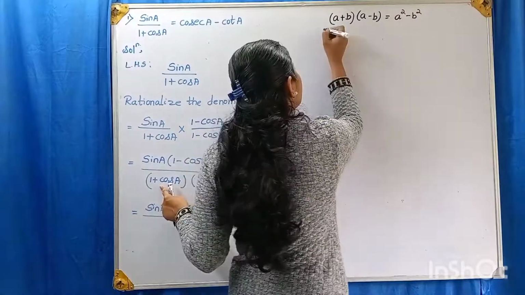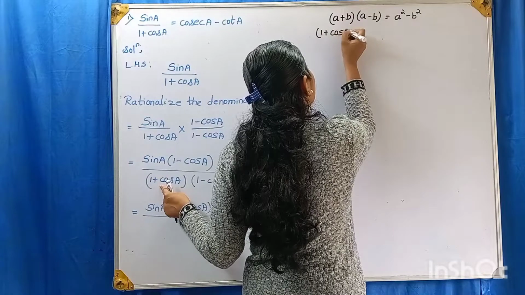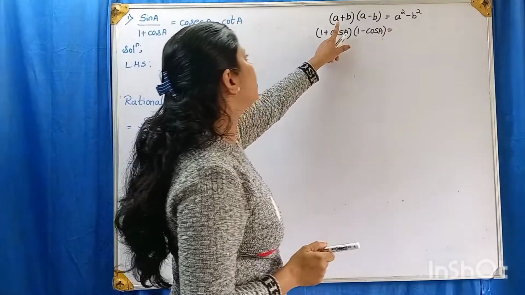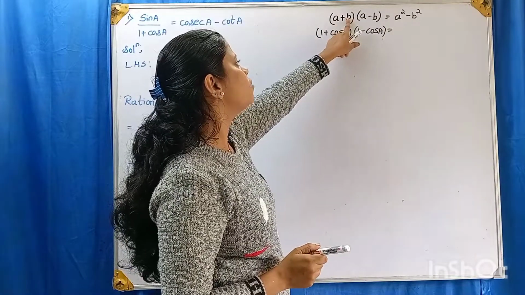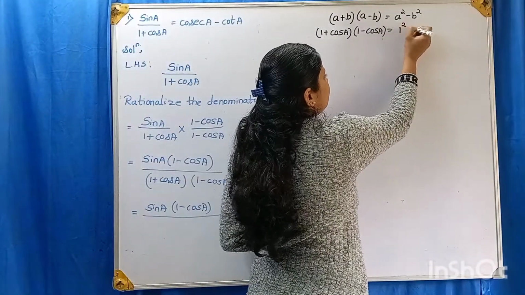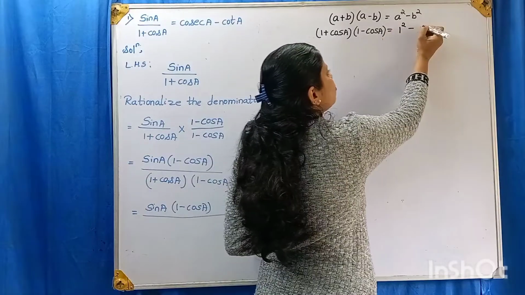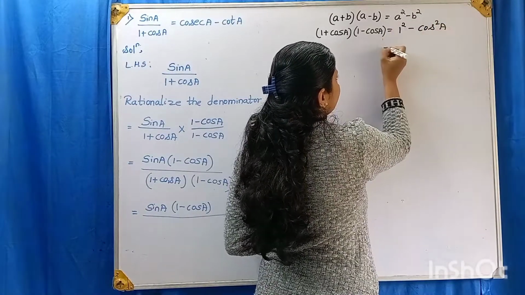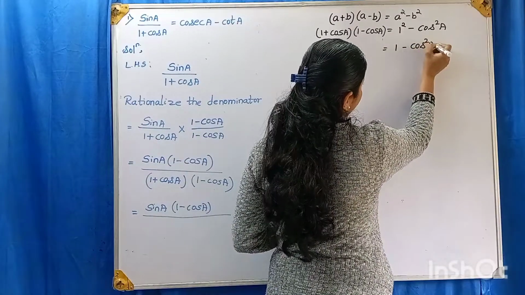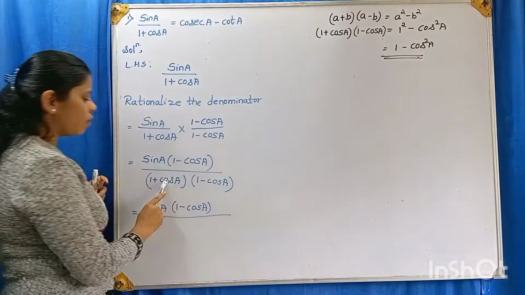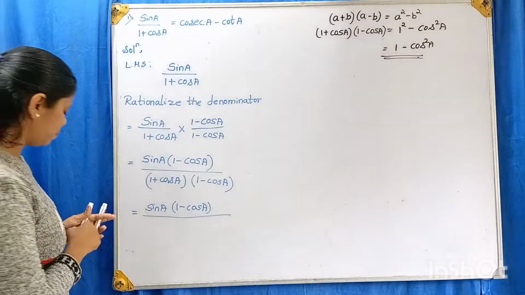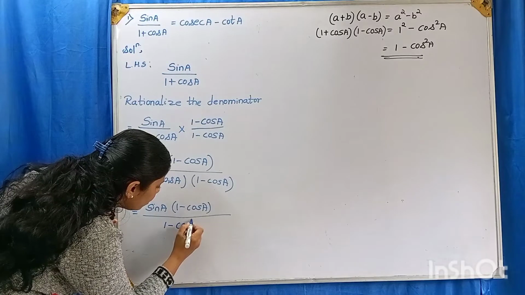In the place of A, we have 1, and in the place of B, we have cos A. Therefore, A square becomes 1 square, minus B square becomes cos square A. That is 1 minus cos square A. Therefore, 1 plus cos A into 1 minus cos A, I will write as 1 minus cos square A.